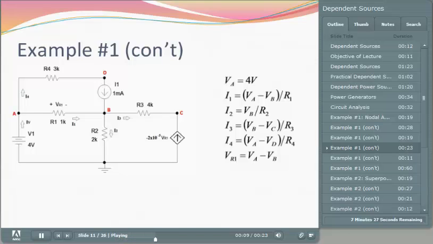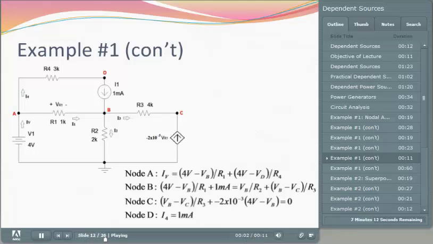The equations for this are on the right. In addition, the node voltage at node A, VA, is equal to the voltage from that point to ground, which happens to be equal to V1 or 4 volts. We then substitute the equations we obtained using Ohm's law into the equations we obtained using Kirchhoff's current law, shown at the bottom of this slide.